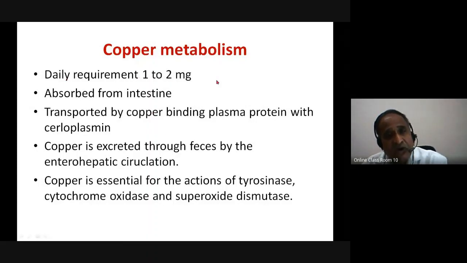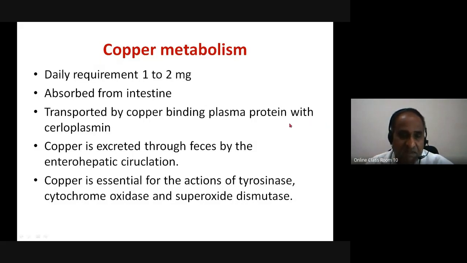Daily we require about 1 to 2 milligram of copper. It is absorbed from the intestine along with other metals, not to a great extent, but it's absorbed. And it is transported by a copper binding plasma protein, known as ceruloplasmin.